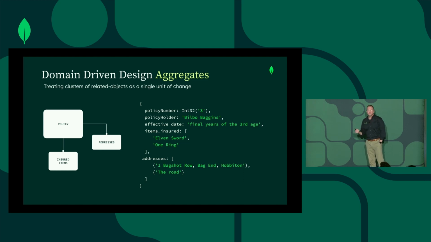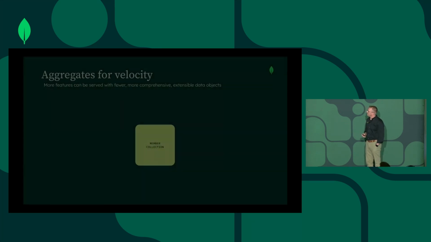But these are really fundamentally the same thing. It's the policy. But in relational, repeating groups get cast out into child objects, and you end up with dozens, hundreds, thousands of tables. Well, domain-driven design says you treat all those as the same object, because fundamentally, programmatically, it's really the same thing. So here's a way to talk to your leadership about the document model without mentioning the document model.